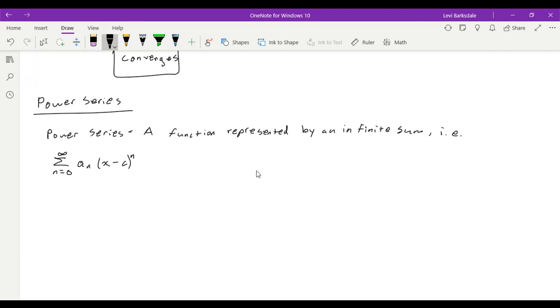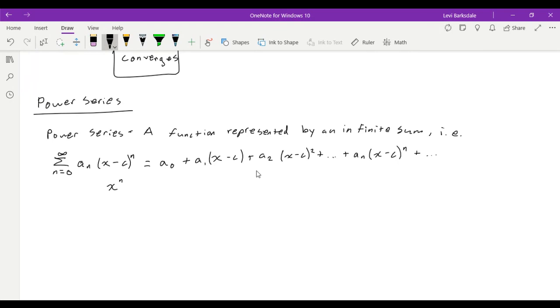And usually that will look like x minus c to the power of n. Occasionally you'll see it as just x to the n, so basically where c is equal to 0. And if we wrote out terms for this, it would look like this. And this is basically an infinite polynomial.